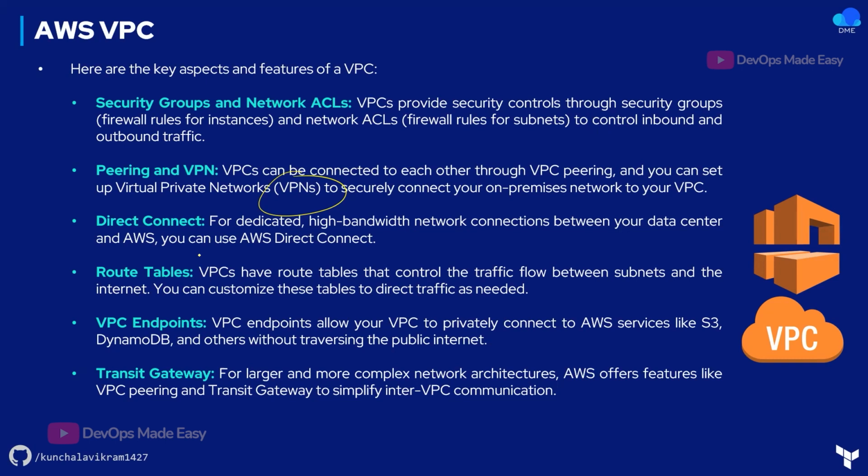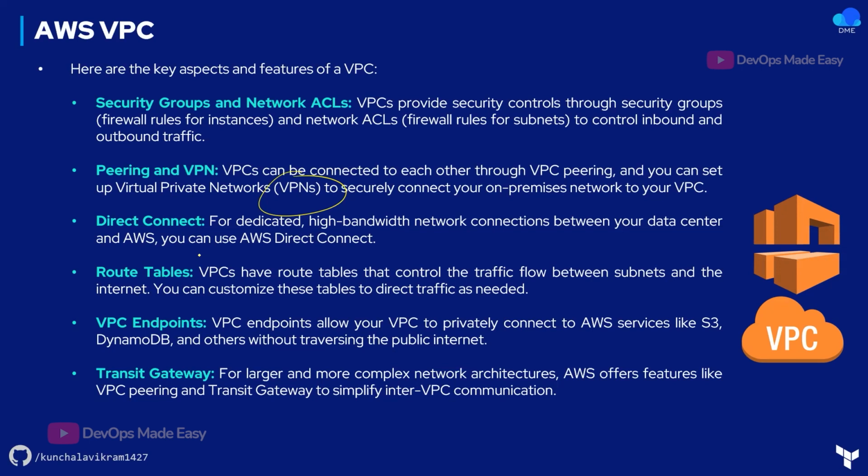So instead of talking to the internet and then talking to S3, we can create an endpoint. We call it a VPC endpoint. Using that endpoint, you can directly talk to the S3 service without going through the internet. These are all complex topics. We will see them later.